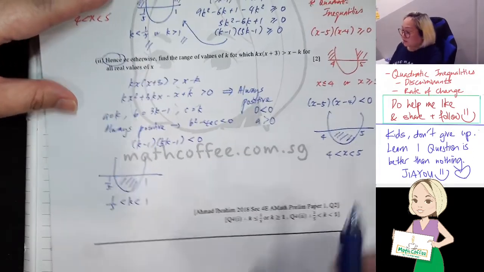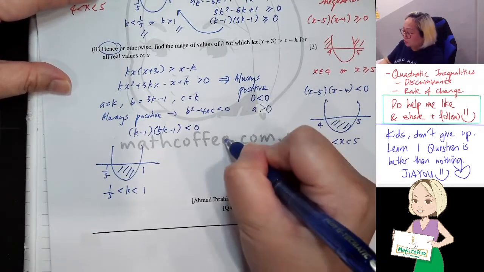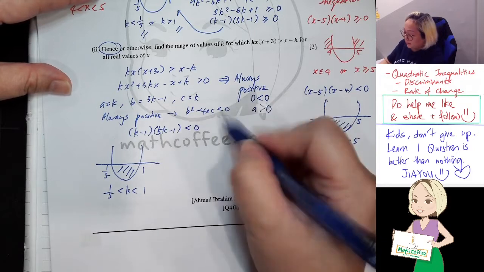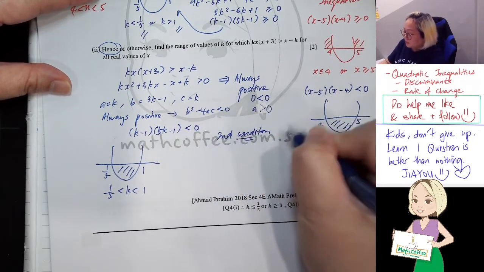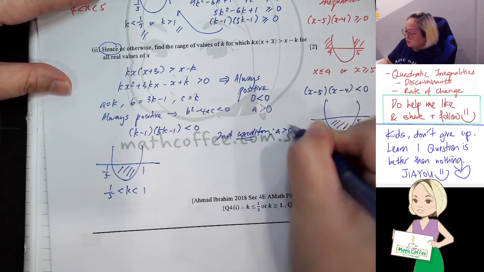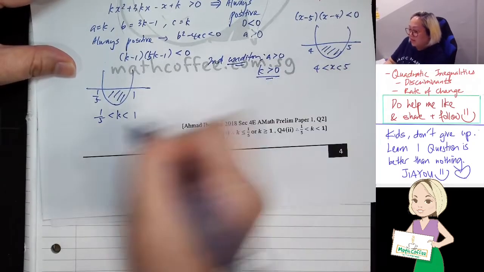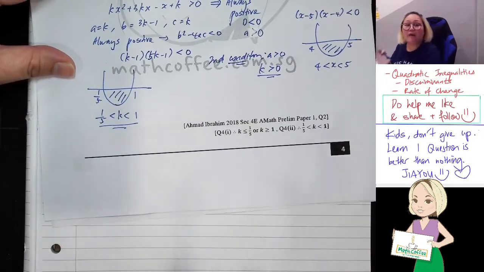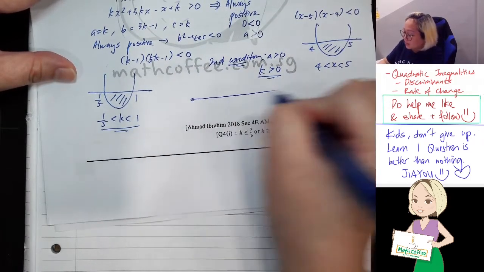But don't forget that I have a second condition, which is my a more than 0. So to fulfill my second condition right here, my a more than 0. Look at my a. A is k, so it means that my k must be more than 0. So technically speaking, I have these two ranges that I need to fulfill. So I have to find a range that fulfill both of them. So I'm going to draw a number line.